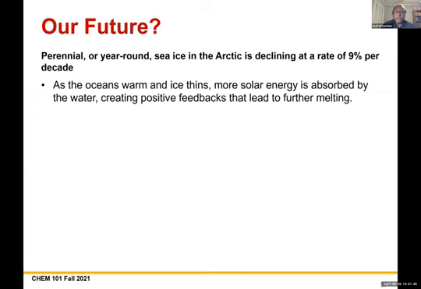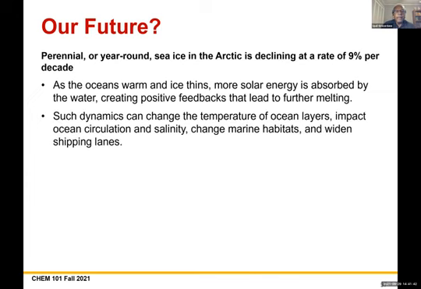Then it causes more melting. These things can change the temperature of ocean layers, impact ocean circulation, salinity, change marine habitats, and widen shipping lanes. They all contribute to more pollution.